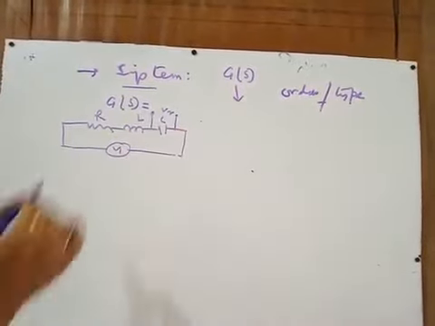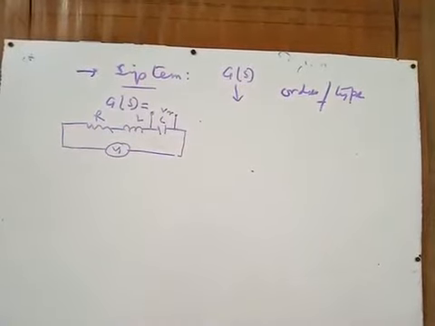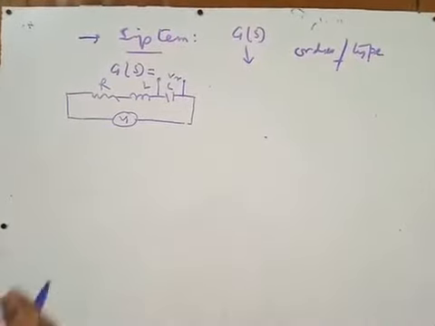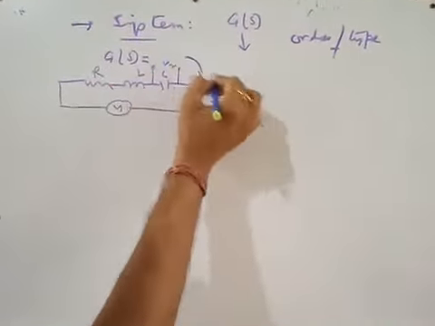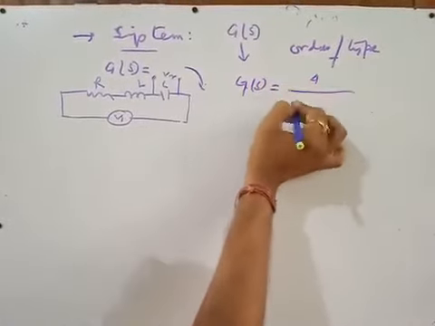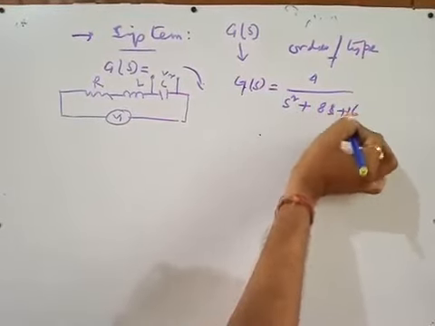So what will be G(s)? As we already discussed in the mathematical modeling of systems, what is actually acting behind the transfer function. Whatever we say is a second order system, for example G(s) is written like 4 by s squared plus 8s plus 16.